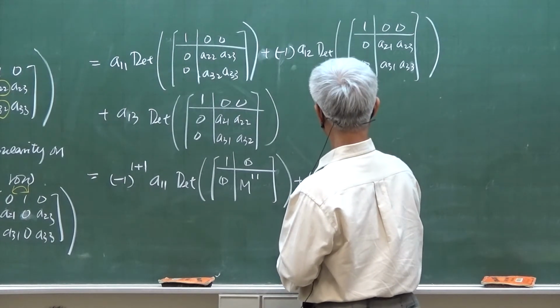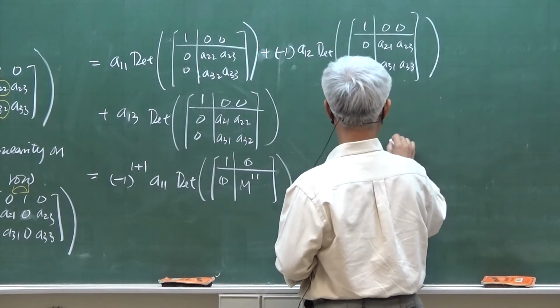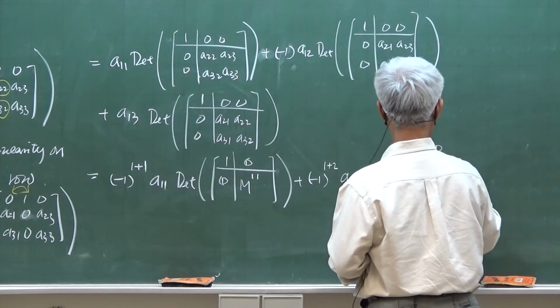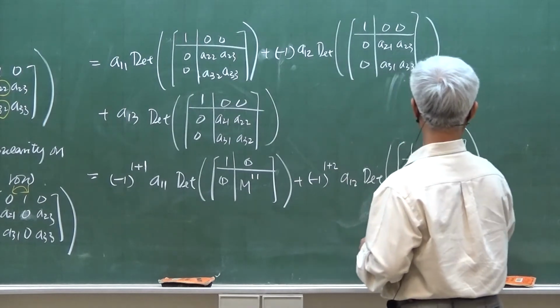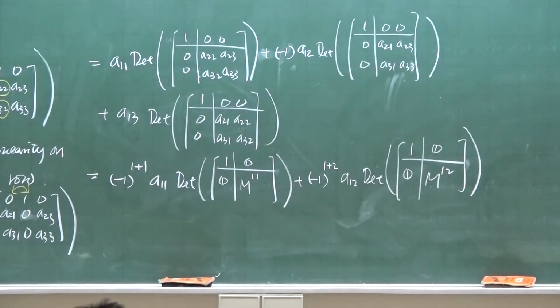And this is 1 plus 2, A12, determinant of M12, which is obtained by removing the first row and the second column.